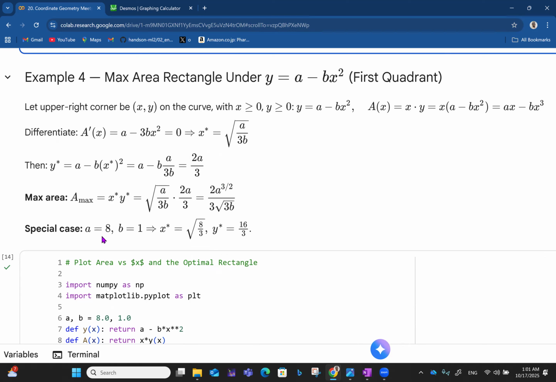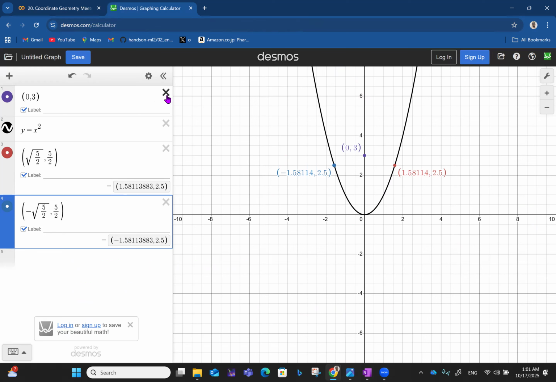So you can have a special case where a is 8, b is 1. So if you put that here, then I can maybe plot this now. So that'll be 8 minus x squared.